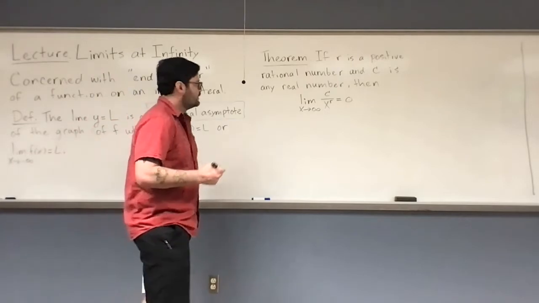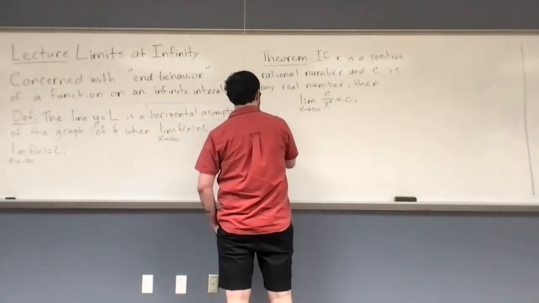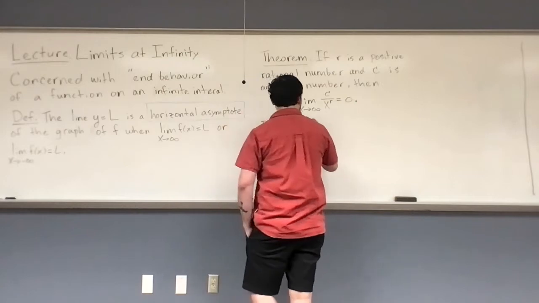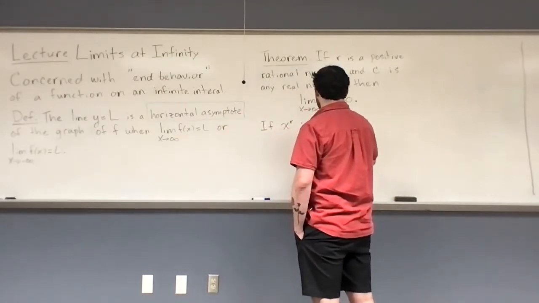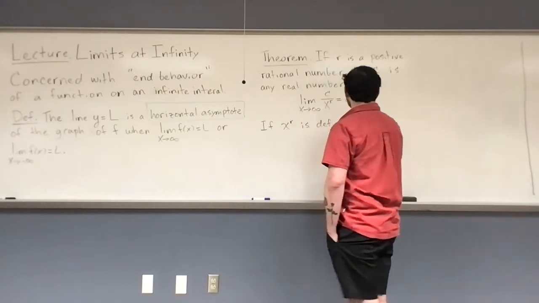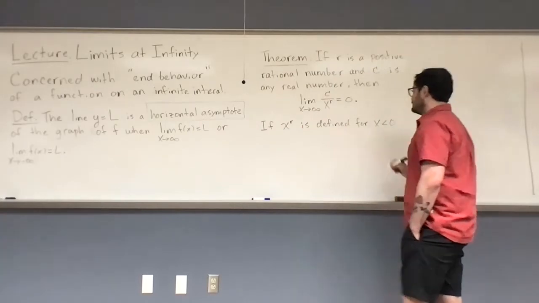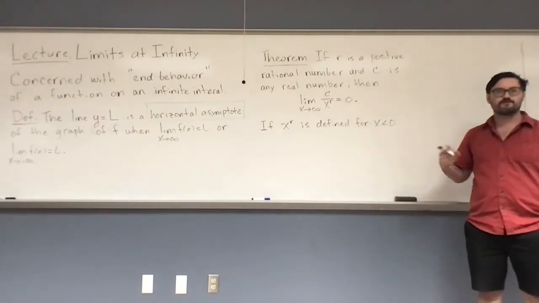Okay. Now, in addition, we'll say if x to the r is defined for x less than 0, which might not be the case. Like if r was 1/2, it's the square root, right?